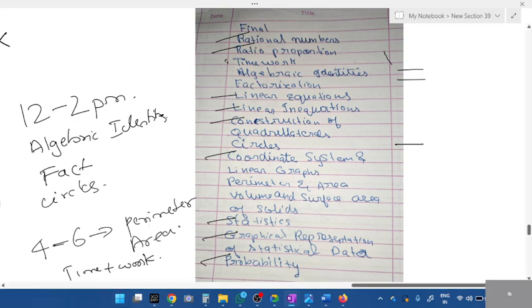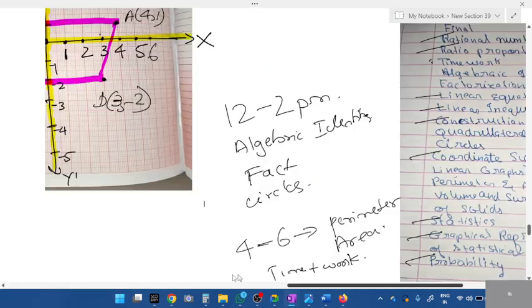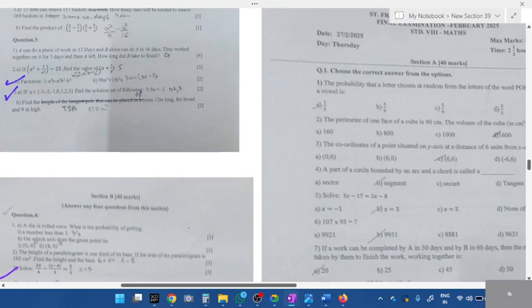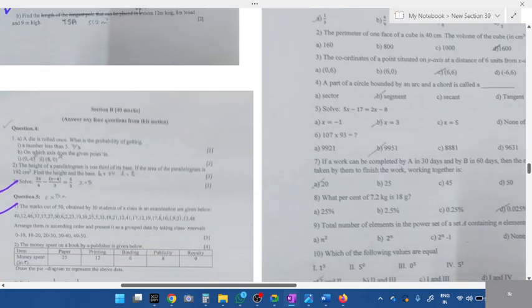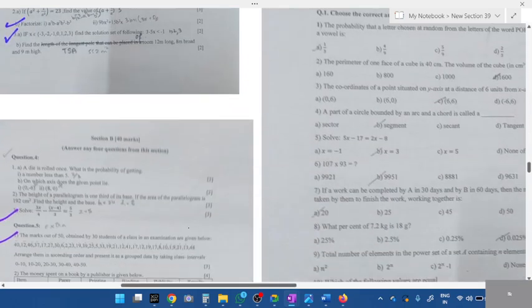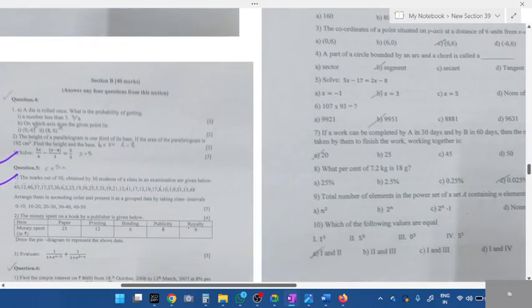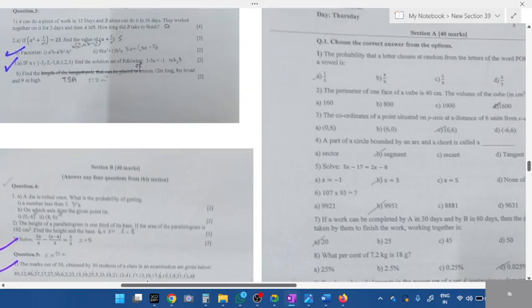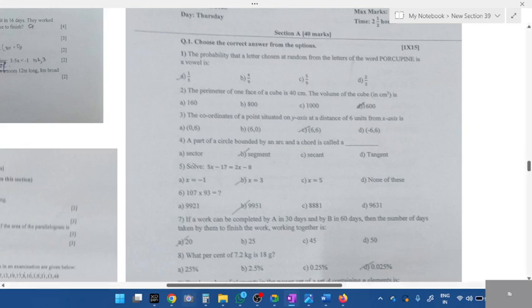Now, whatever we studied in graph, another 2-3 minutes. Answer this question, students.